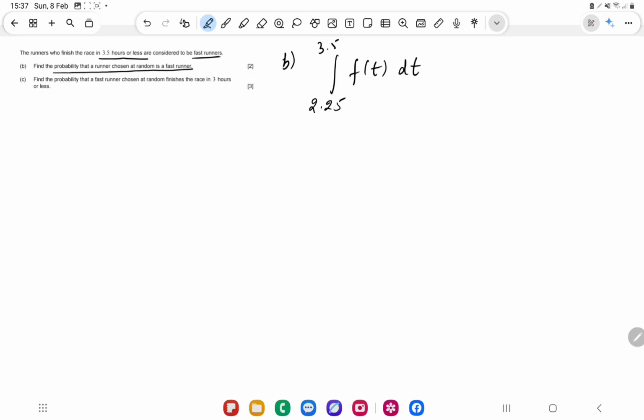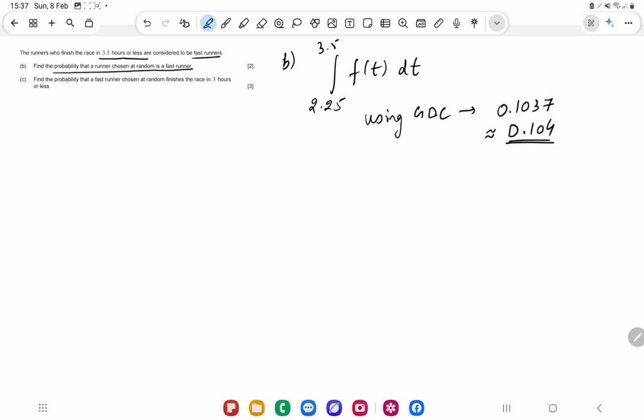When you put in your function and integrate using GDC, we will get our answer as 0.1037, approximately. So this should be the probability answer.